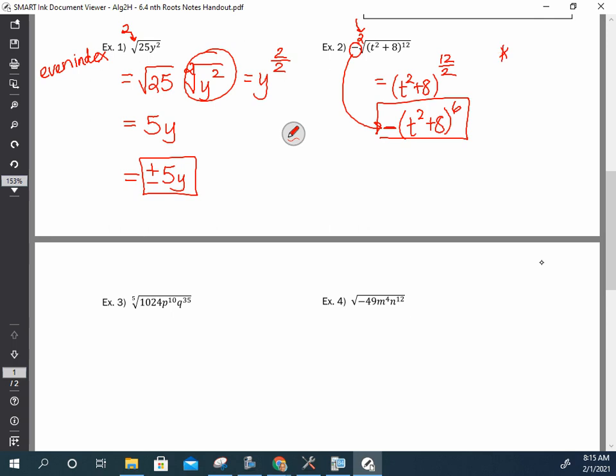So the key thing to keep in mind here, plus or minus is not necessary because of that minus sign out in front. So again, problems are going to be different. So you have to take a moment, look at the problem before you start solving it out. Again, you have time to do it right, or you're going to make time to do it over. Those are your 2 options. Questions 1 or 2?